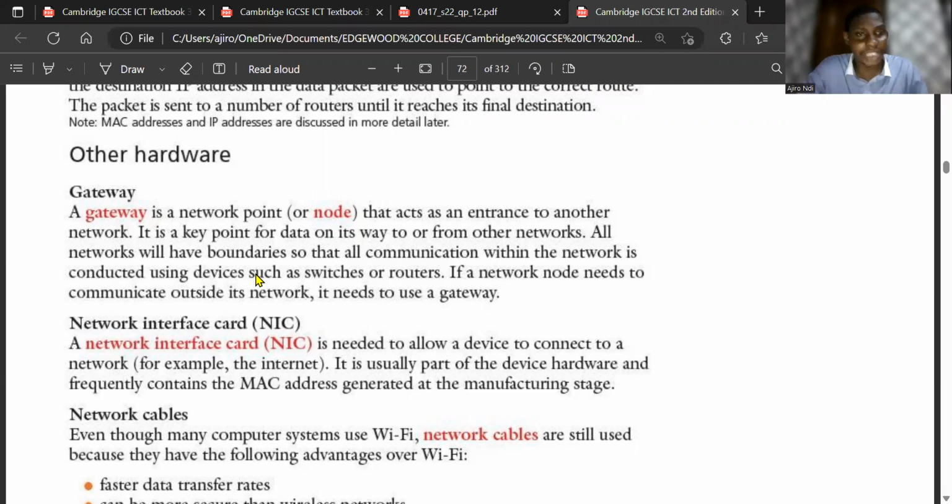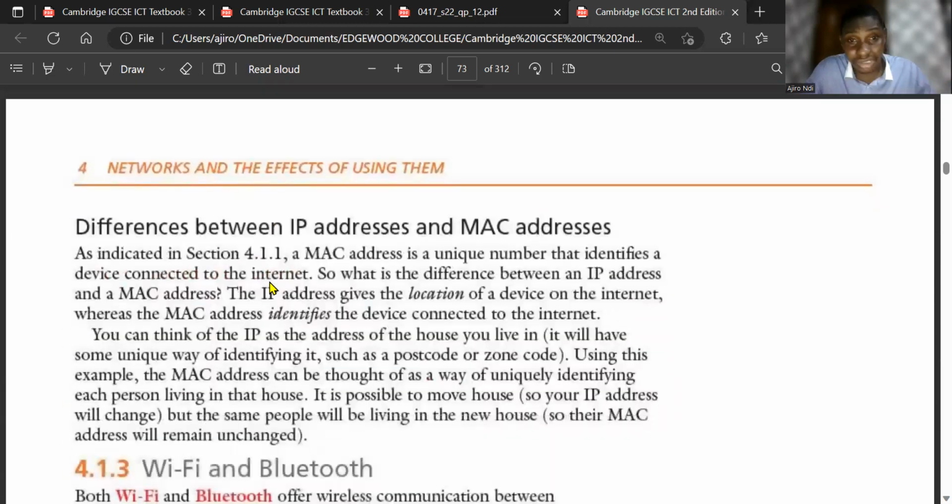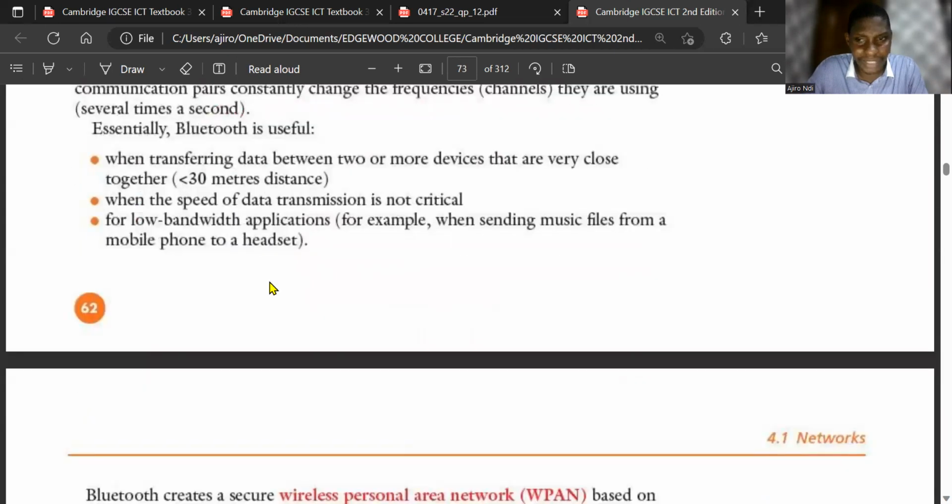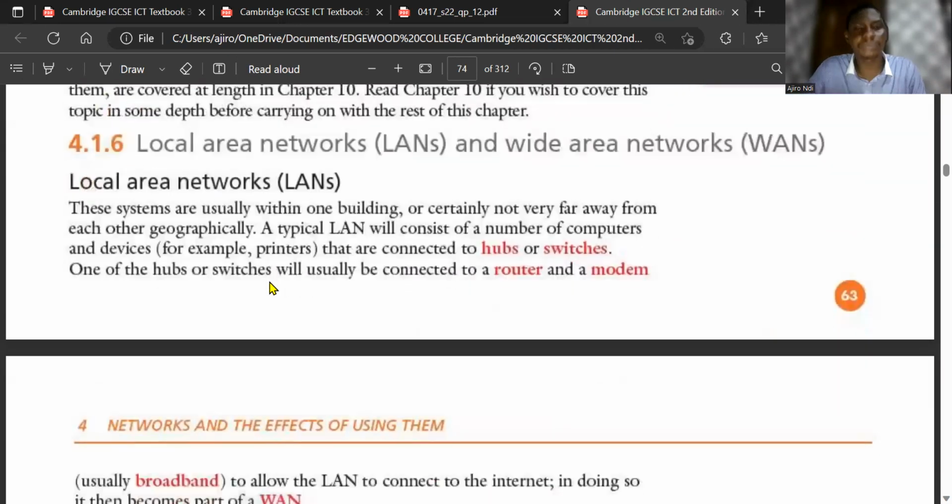One key thing about a gateway is that it can communicate outside its network, and for you to communicate outside the network, you need to have a form of gateway. And all networks have boundaries, so all communication within the network is conducted using devices such as switches or routers. I think they took those things out. So it's fine. Let's go back to that question.